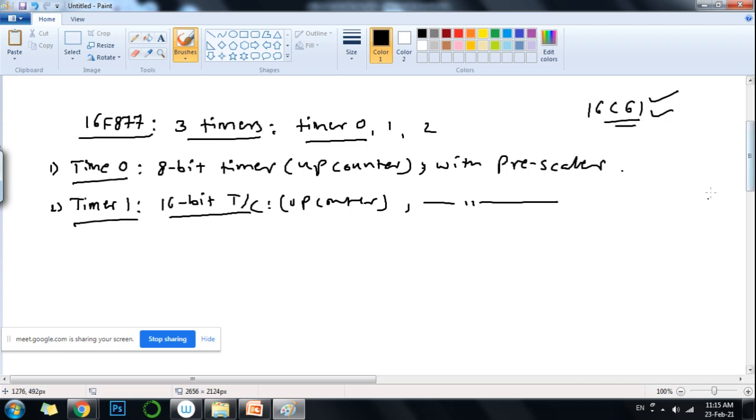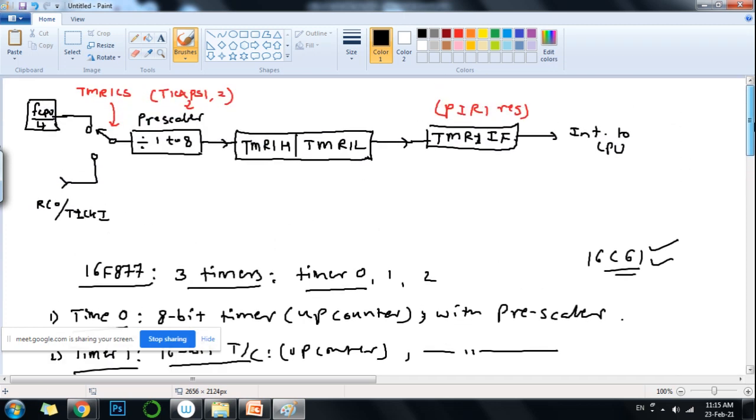The typical structure of this can be shown like here. This is your timer 1 structure.